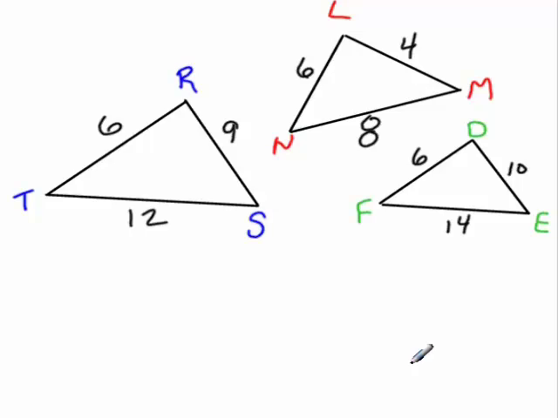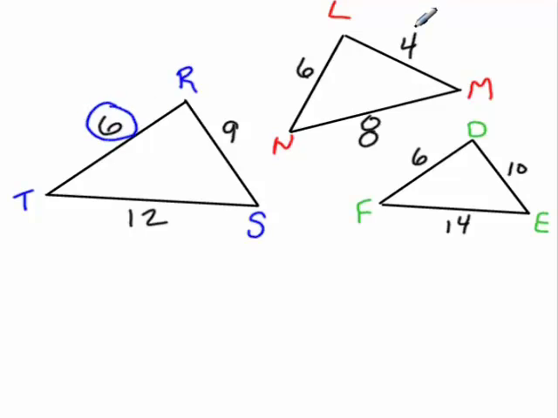The way that we do this, we want to determine if RST is similar to LMN or DEF, or if LMN and DEF are similar, whichever case may work. So look at the ratios of the corresponding sides. How do we know they're corresponding? What was our rule? Yes, we want to find the smallest one over here.